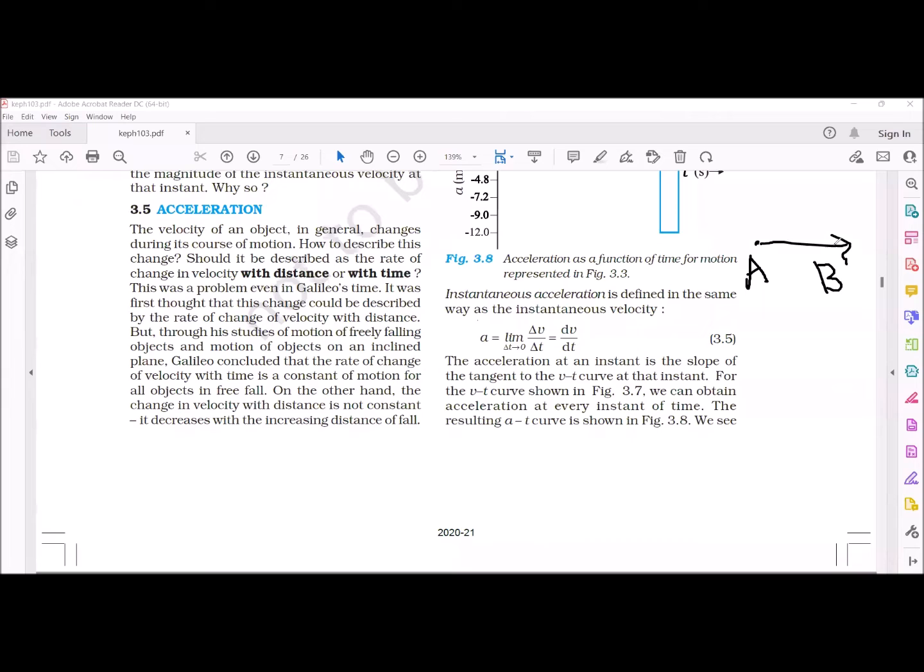At that time, Galileo considered some freely falling objects. He took freely falling objects on an inclined plane.